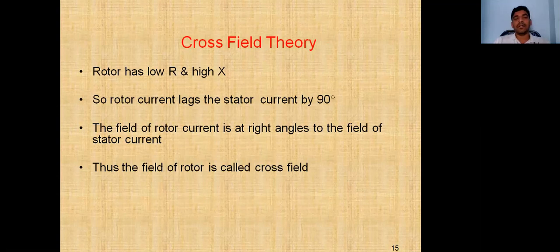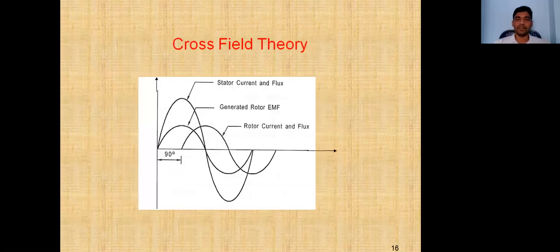The field of the rotor current is at right angle to the field of the stator current. Thus, the field of the rotor is called the cross field. Due to the cross field, the rotor rotates.